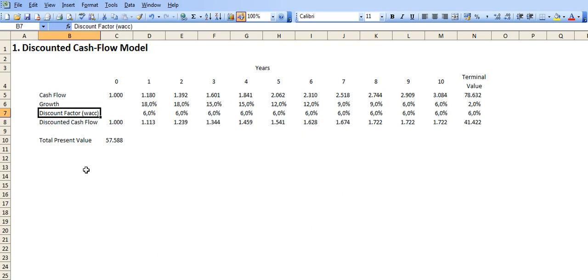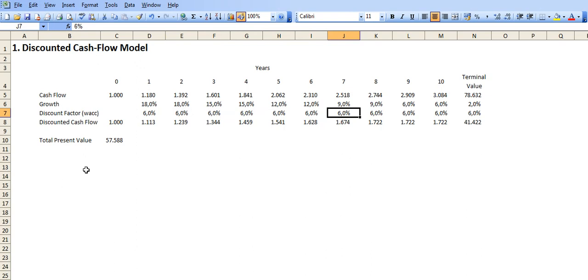So in this case, you just look at the cost of capital in terms of debt, the cost of debt, and you look at the cost of equity, and you just take a weighted average of these two to come up with a discount factor for the specific company. So in this case, I take the WACC or discount factor to be 6%, which is a pretty low number.